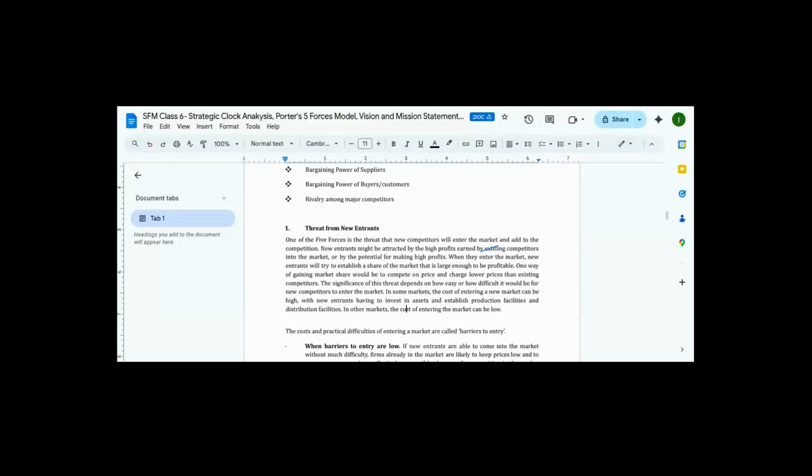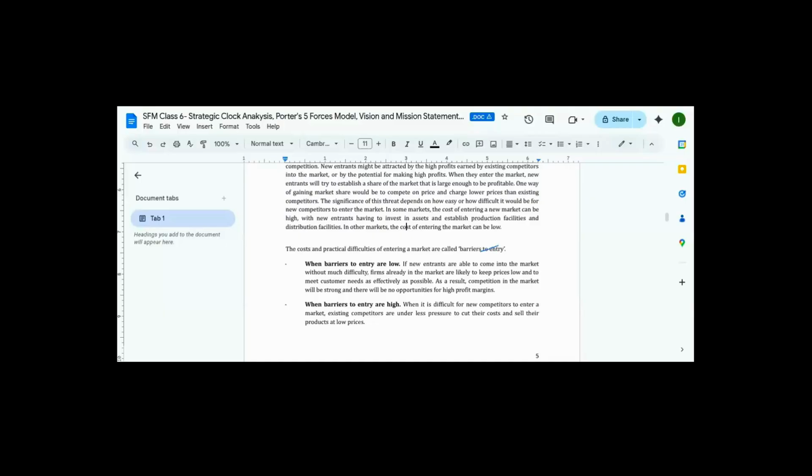But if there is free entry, you place a low entry barrier or you don't pay attention to them, there will be a high influx of new entrants into the industry. And this will affect existing companies' business performance.